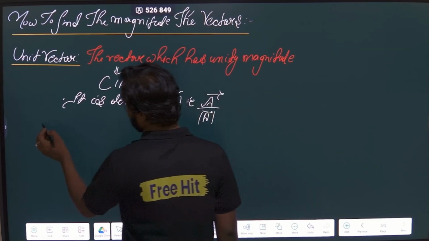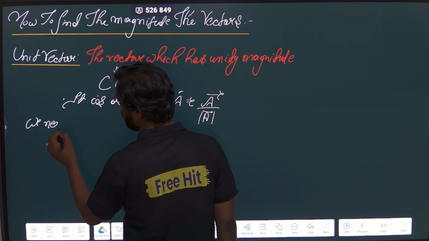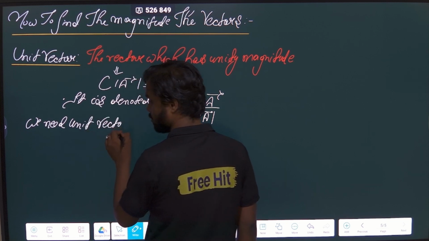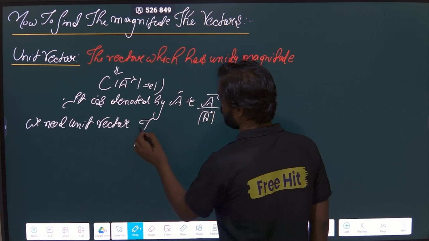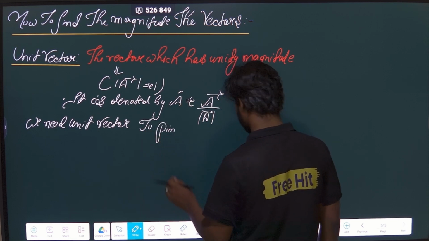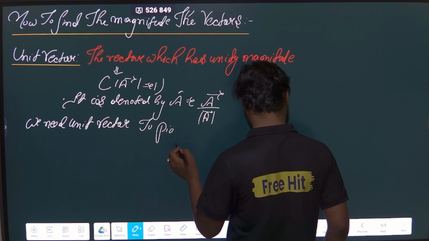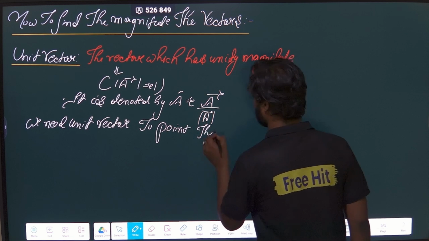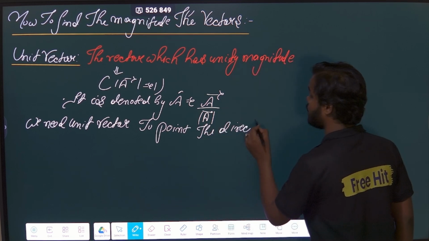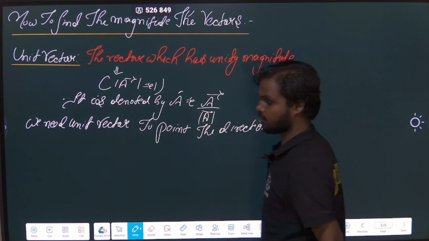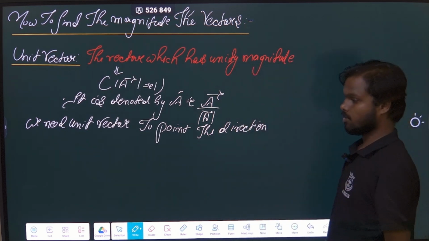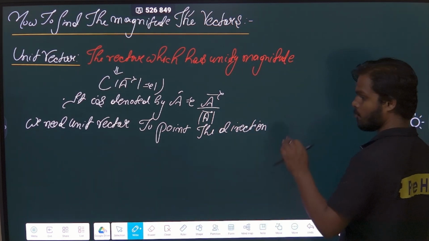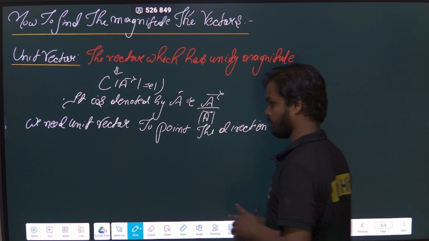We need a unit vector to point the direction. Because whenever we need to point the direction, we use a unit vector. That is sure. Clear? Whenever we want to point the direction, we use a unit vector.